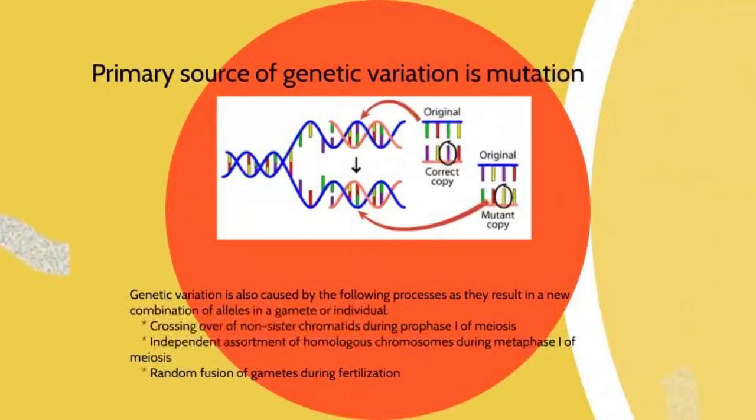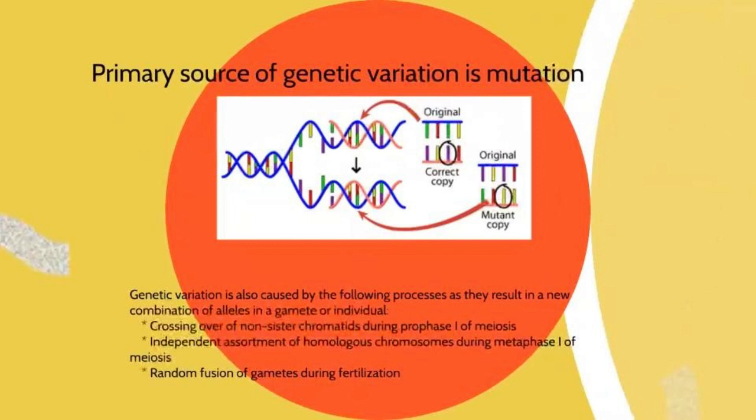And let's also remind ourselves that genetic variation is also caused by the following three processes as they result in new combinations of alleles in gametes or individuals. So these are three different ways where we get genetic variation.